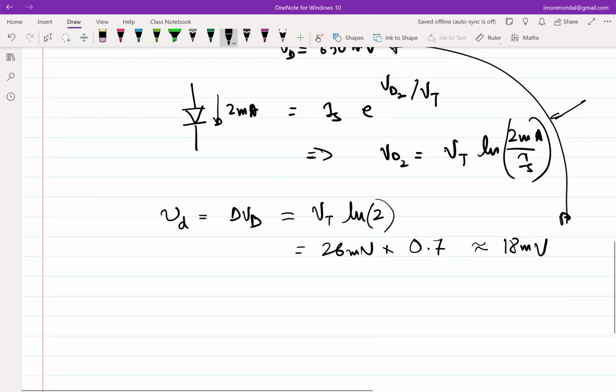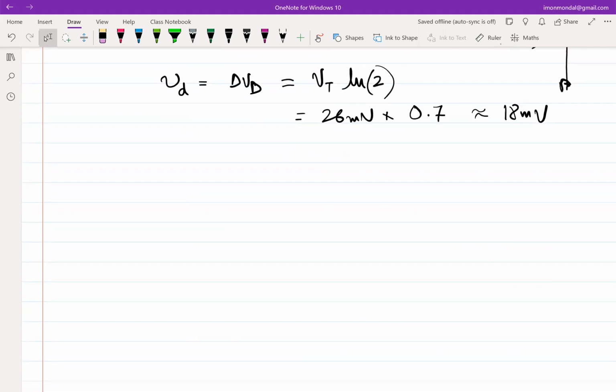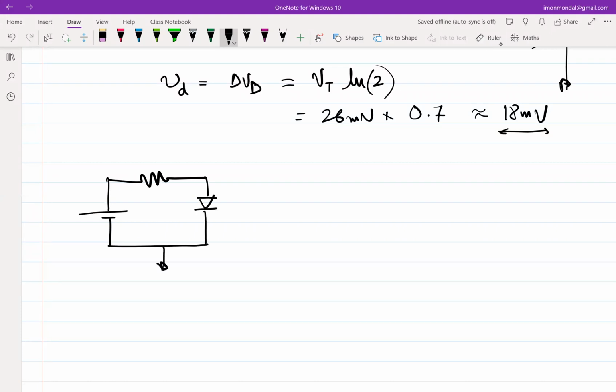Okay, so there is another way. Now that we know small signal models, I would like to caveat this, so you should be able to appreciate why this 18 millivolt change is not significant. Again, let me take you back to this same circuit. 1K, let's assume this is 1.65 volts.